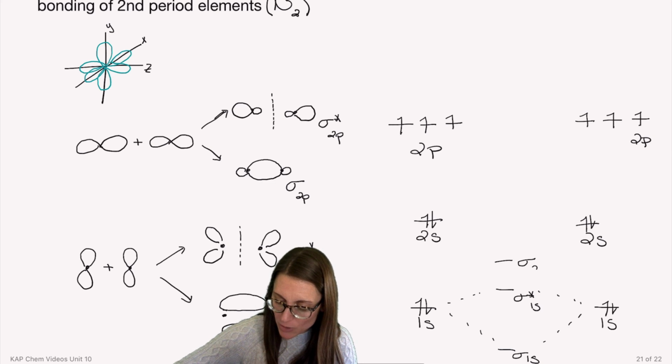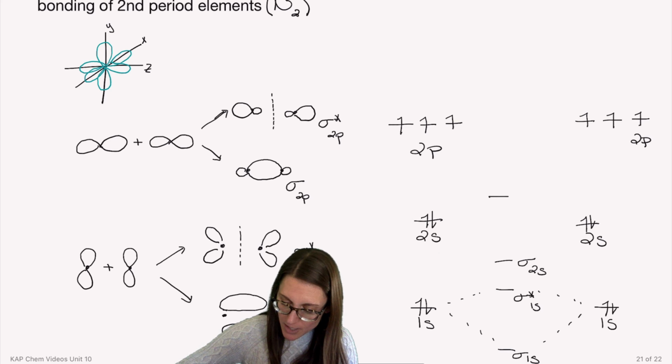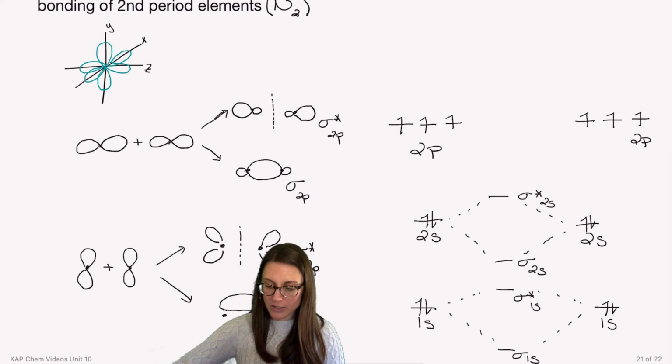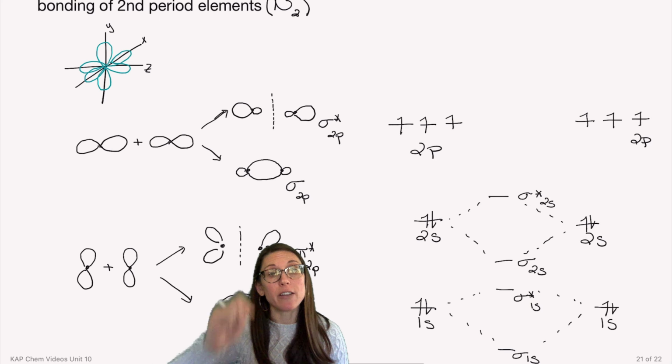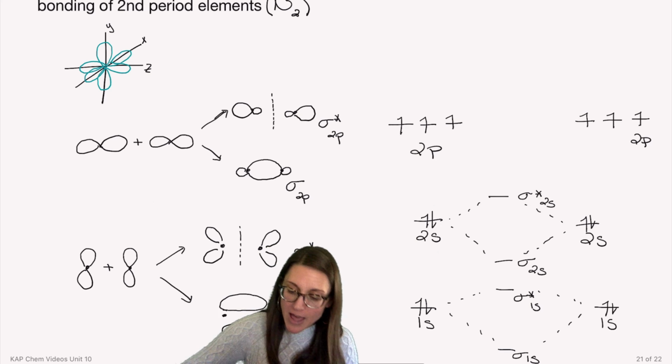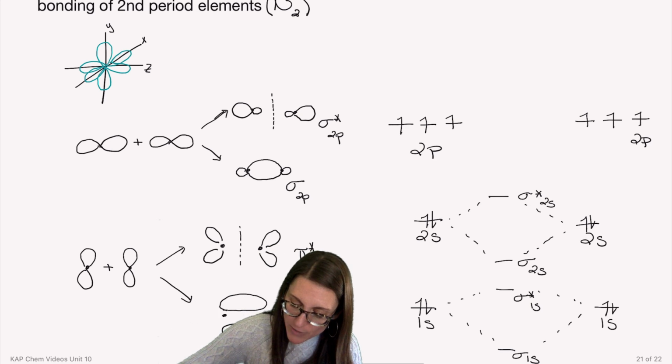So you get a sigma 2s and a sigma star 2s. Okay, I'll use my little dashed line so I can tell where those new orbitals are coming from. Now, my 2p's, they're going to interact in different ways. They're going to interact to form the sigma 2p, but also the pi 2p.